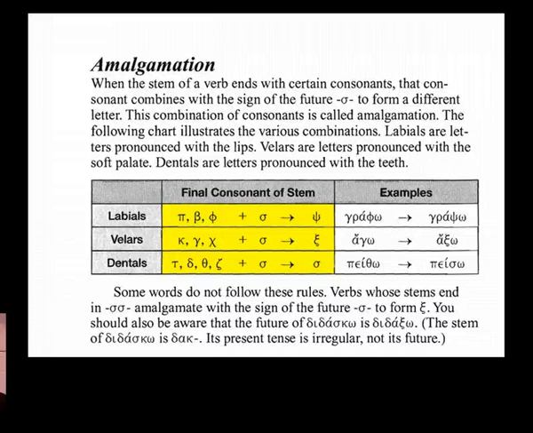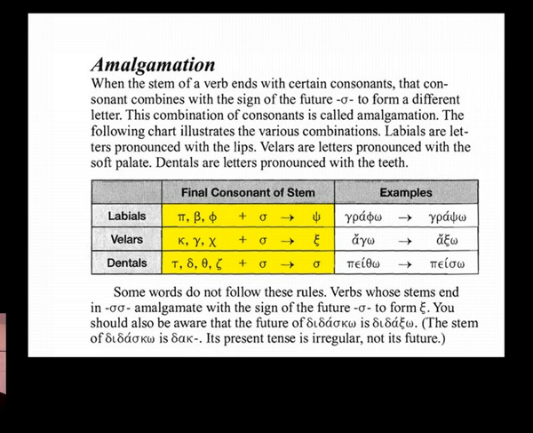So, for example, on the right-hand side, you see grapho, I am writing. And you want to make that future, you take the stem graph, add a sigma to it, but phi plus sigma becomes psi, and so we get grapso, not grafso, but grapso.